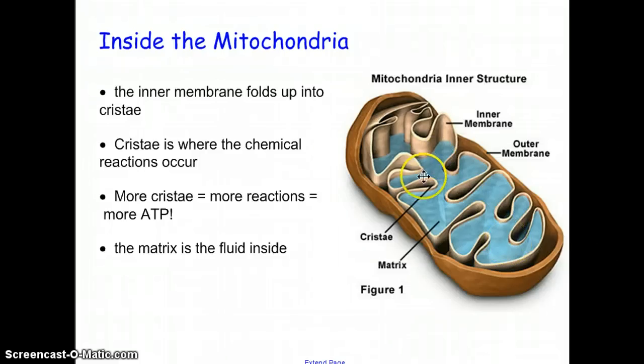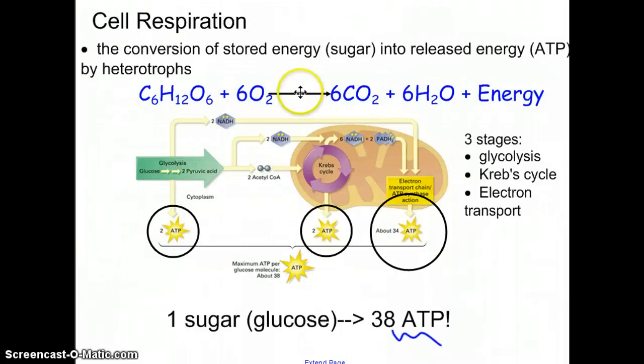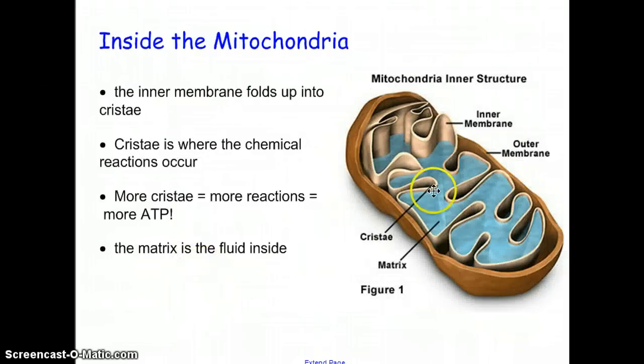It's important to have all these little folds because if the inner membrane was just flat, you'd have a certain amount of chemical reactions happening. The cristae, these little folds, are where all the glucose reactions happen that turn into cell fuel and make ATP. This chemical reaction happens inside of the little folds.